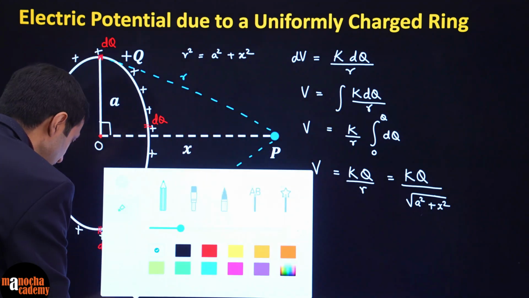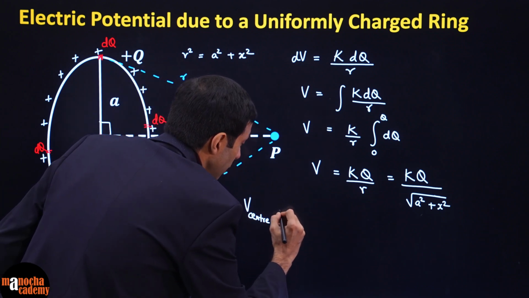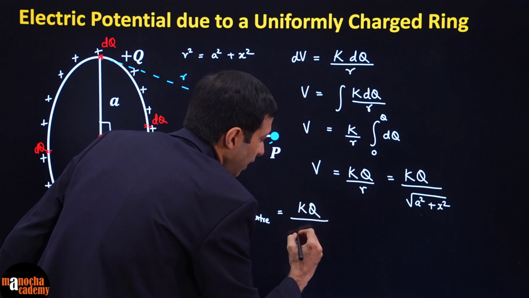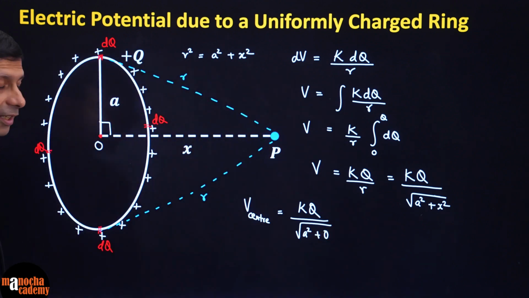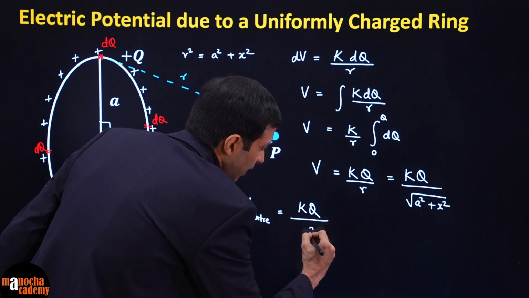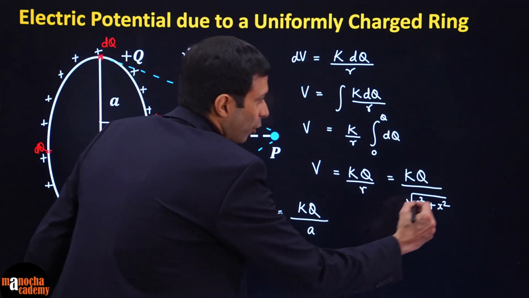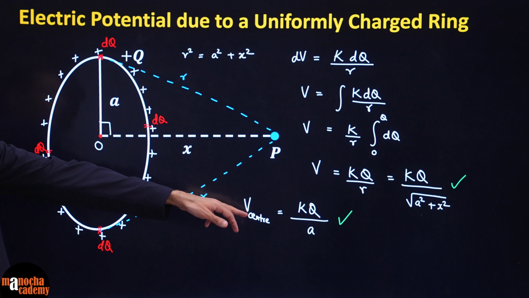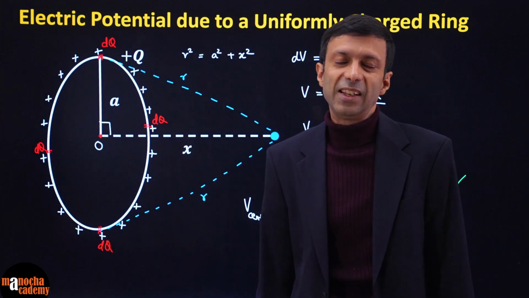So we can say V at the center, the electric potential at the center is going to be kq divided by square root of a square plus 0, right? Distance x is 0. So that's basically square root of a square, which is nothing but a. So I can write that as kq by a. So there you go. We've got two nice important formulas: at an arbitrary distance x, and at the center of the ring it's kq by a, for a uniformly charged ring of radius a.